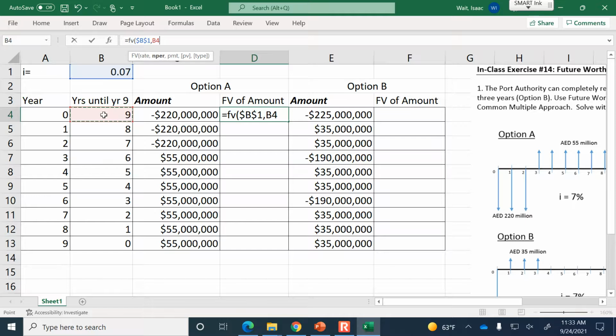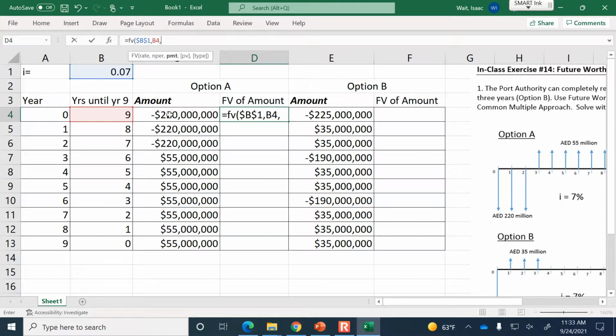Now, parentheses, comma, payment. If we put the amount in the payment field, it's going to think that there's 9 payments of $220 million, but there's not. It's just we're treating this 220 in this cell as a single isolated present value that needs to be compounded into the future.